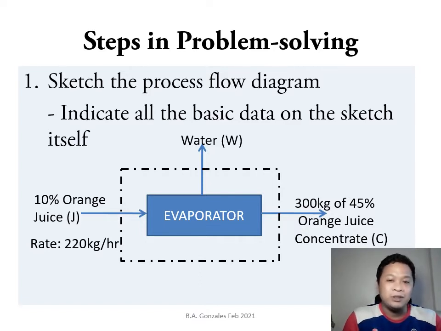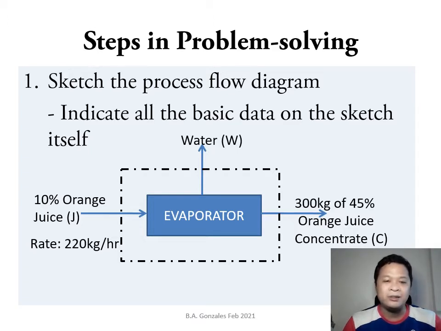So obviously we start with drawing the process flow diagram. Ito yung CO number 1 natin, which is to visualize unit operations. Okay, you have an evaporator. What it does, of course, is remove water from a dilute product to make it into a concentrated product. As I mentioned earlier, kapag gumawa ka ng process flow diagram, yung bawat input or output stream ay lalagyan mo na ng relevant information.